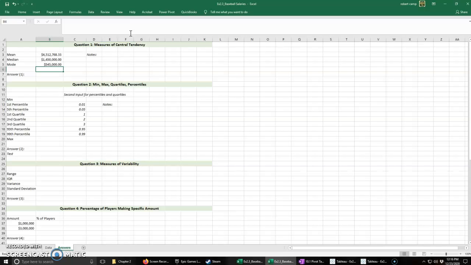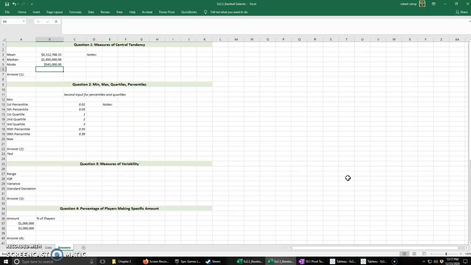What do these numbers mean? Mean is significantly higher than our median. So if this was 0 to here, the median would be over here. The mean is over here. And so that means that we are skewed.